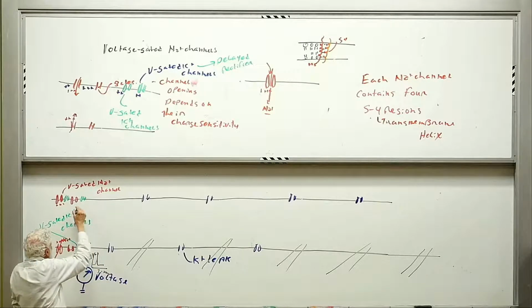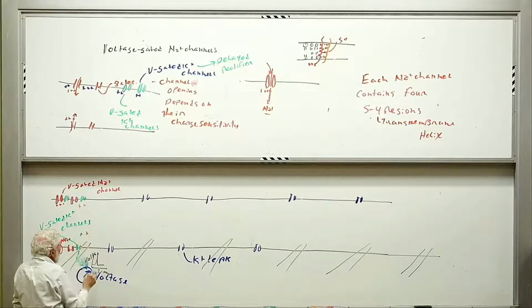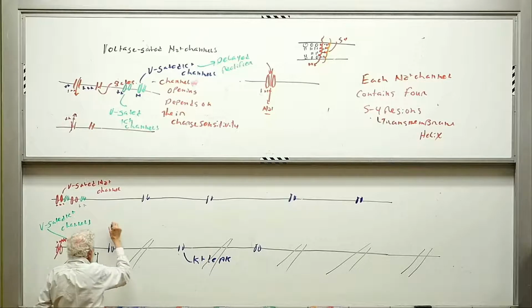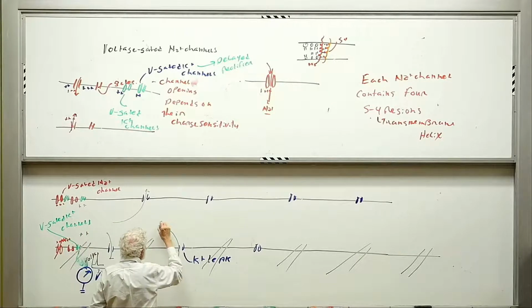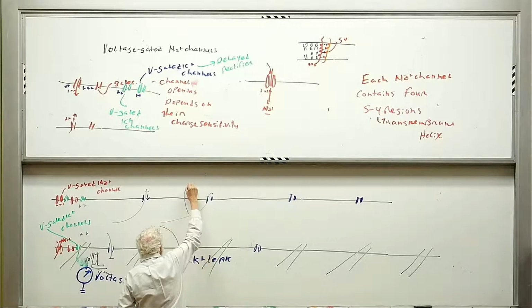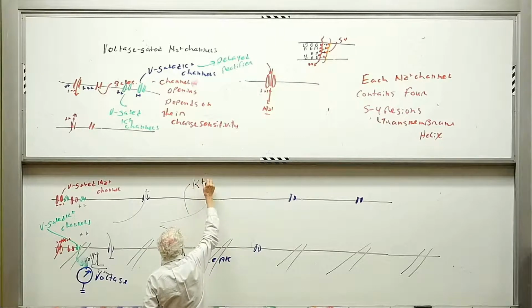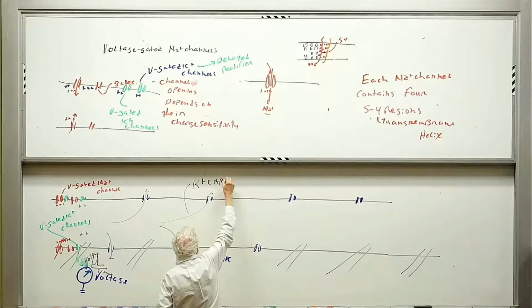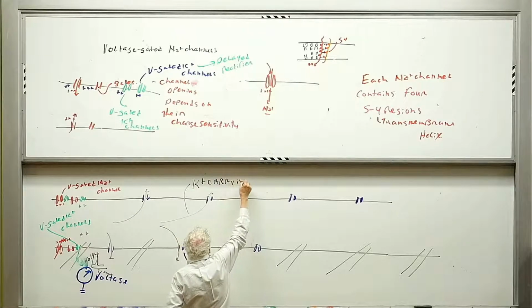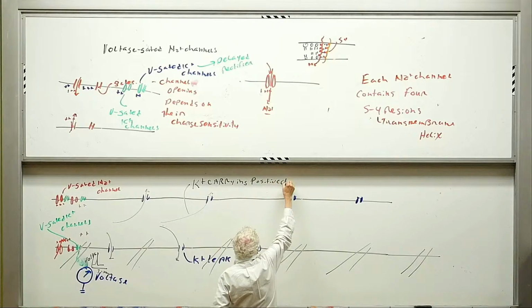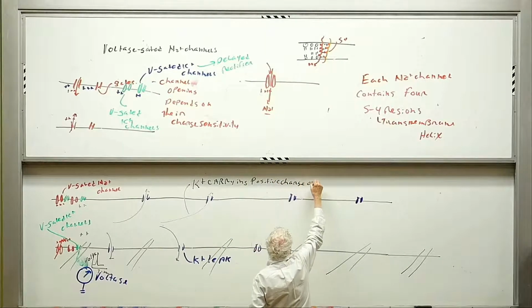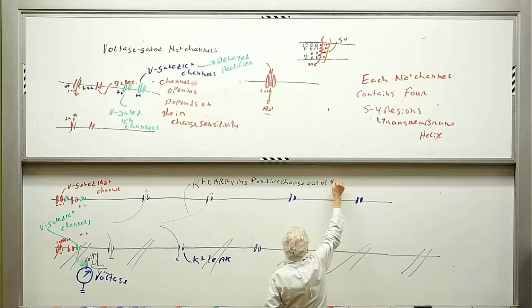This positive charge coming in at this site is now going to leak out of the membrane. So what I'm showing here is the potassium carrying positive charge out of the cell.